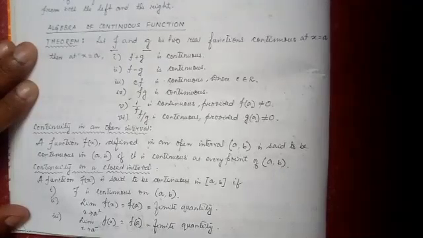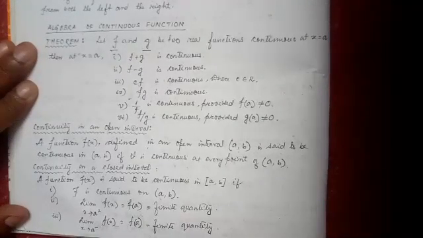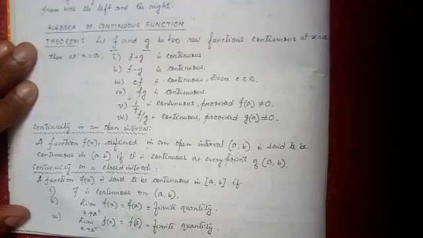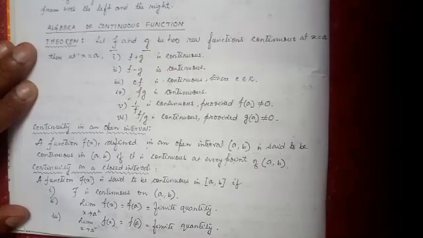Now, algebra of continuous functions. Theorem. Let f and g be two real functions which are continuous at x is equal to a. That is, the function f is continuous at x is equal to a and the function g is also continuous at x is equal to a.